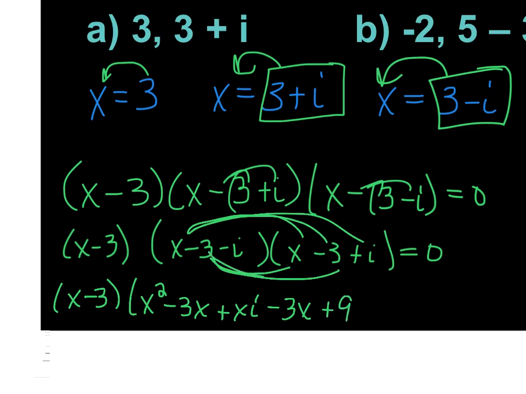Plus 9. Negative 3 times i. Negative 3i. All right? i times x. Negative ix or xi. Negative i times negative 3. 3i. Plus 3i. Negative i, positive i. Negative i squared. Okay. Oh, so it's 1.